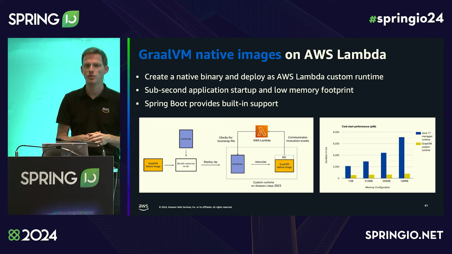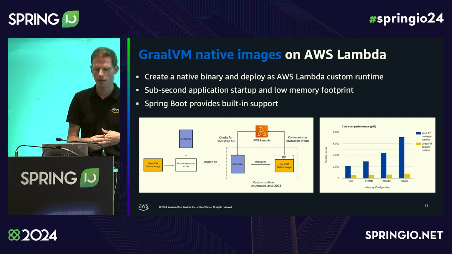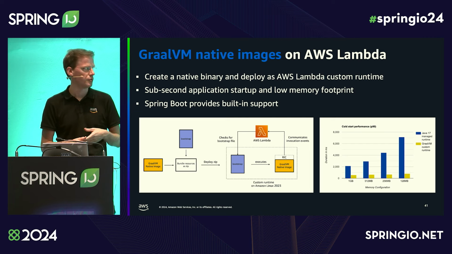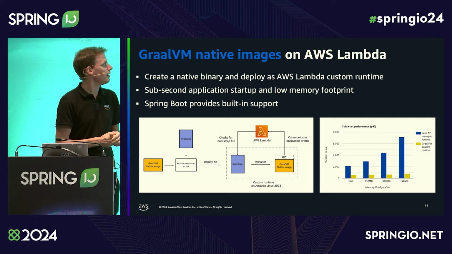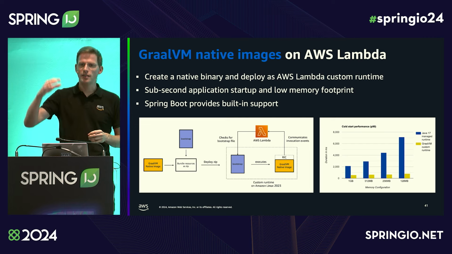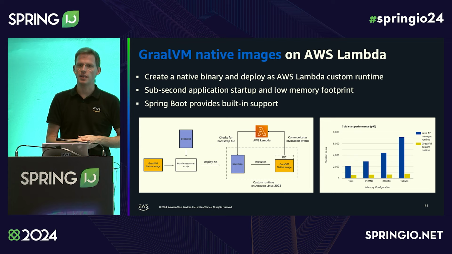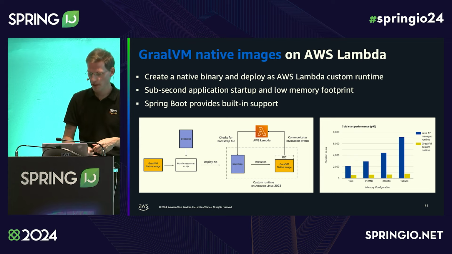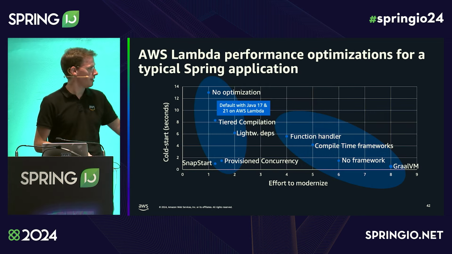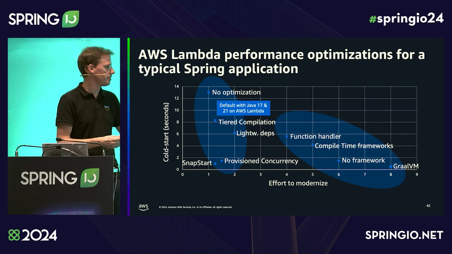So even if we have no managed runtime for a certain language, you can just implement your own Lambda runtime using the runtime interface client. And this really allows you to get the lowest memory footprint and improve the startup times significantly. But again, the effort to get that done is just much higher compared to Snapstart.